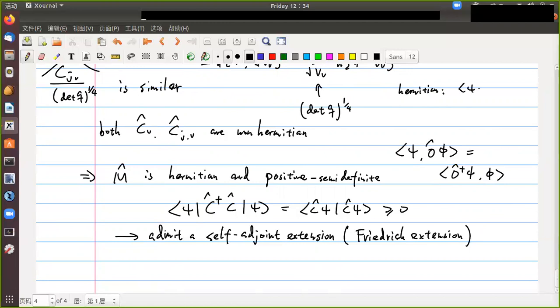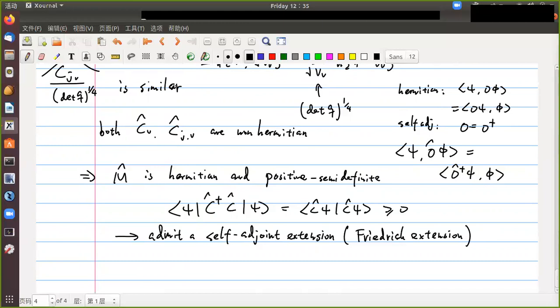Hermitian means that <psi|O phi> equals <O psi|phi>, and self-adjoint means that O equals O dagger. These two conditions are not exactly the same. The first, Hermitian, is weaker than self-adjoint. Self-adjoint definitely implies Hermitian, but Hermitian does not necessarily imply self-adjoint.